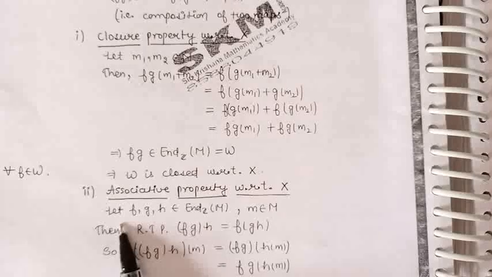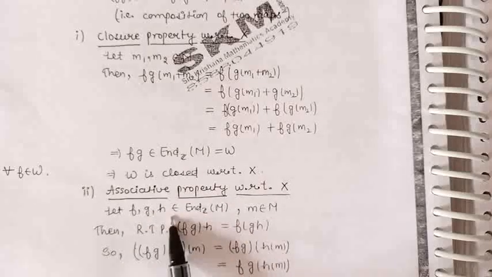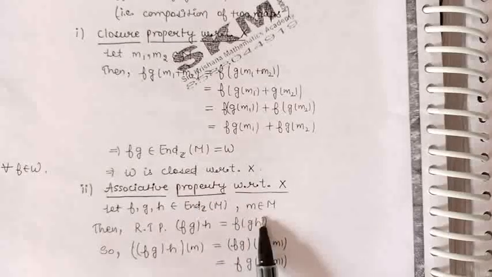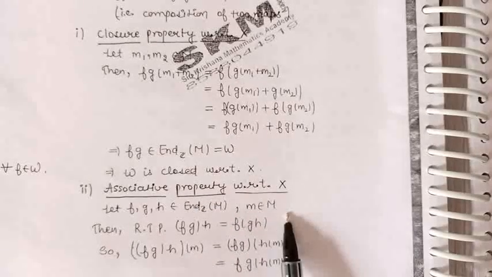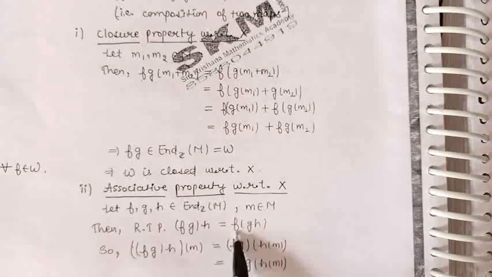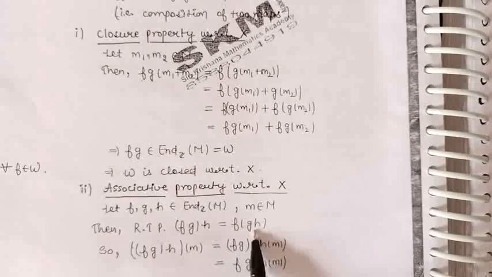So let us take three elements F, G and H belonging to W and an arbitrary element M belonging to M. Now we are to prove that FG into H is equal to F into GH.